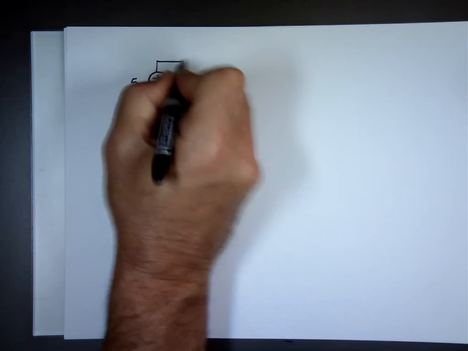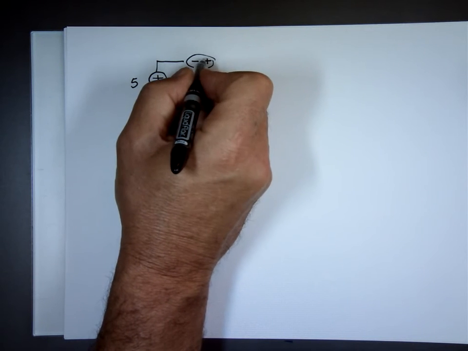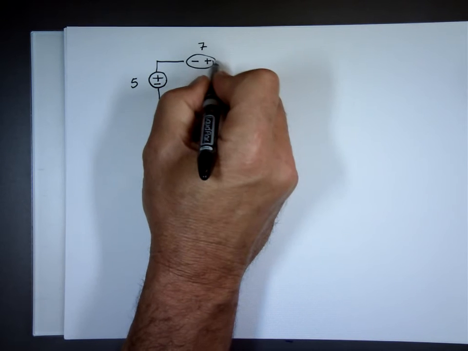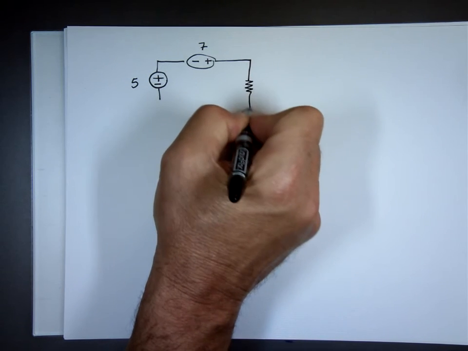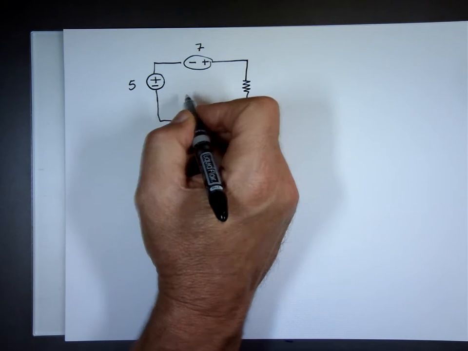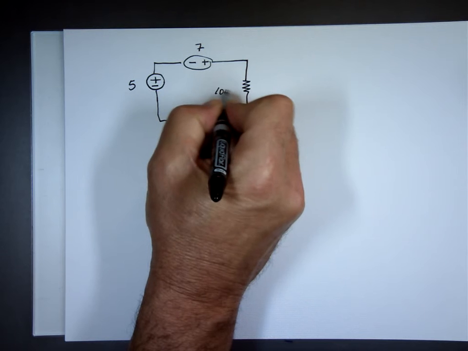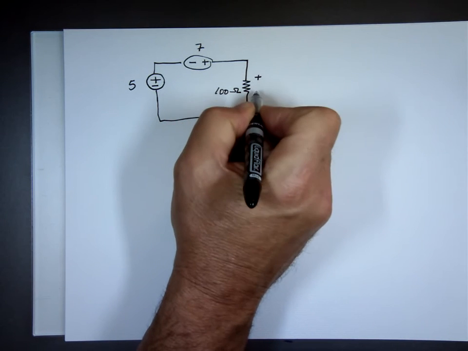There's another independent voltage source of the value of 7. We have a resistor here of 100 ohm, and this is the value of Vx.